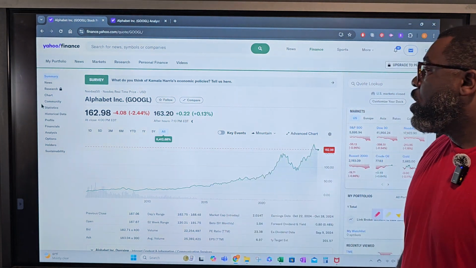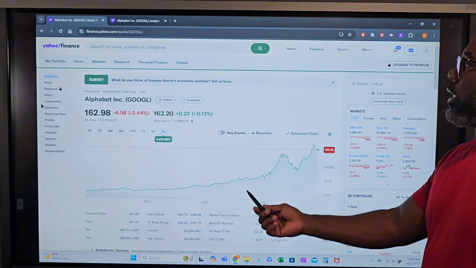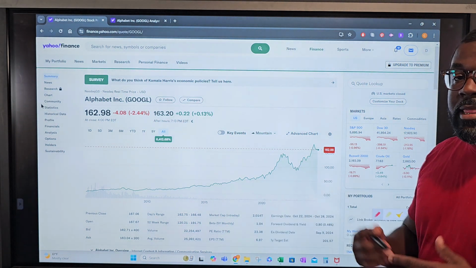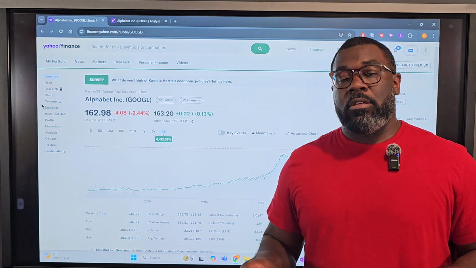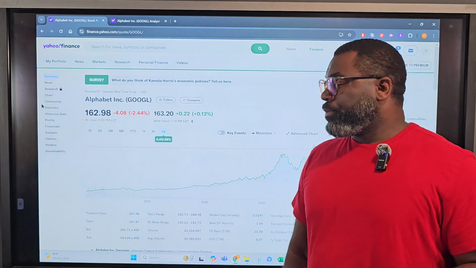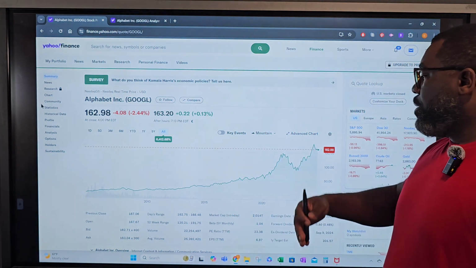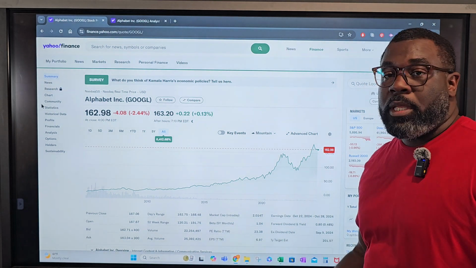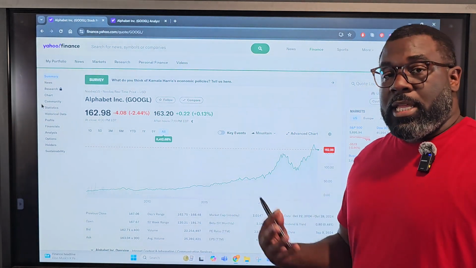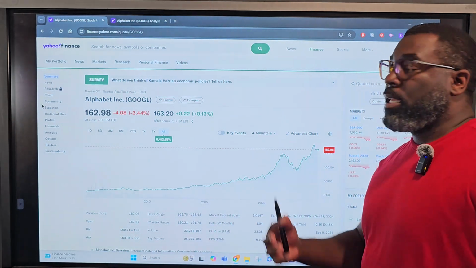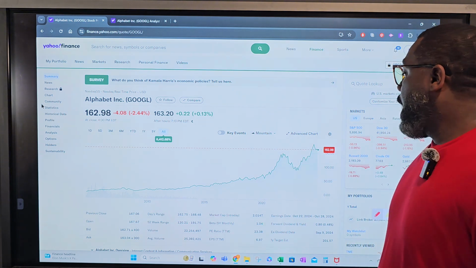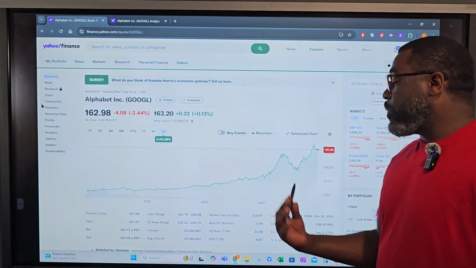Looking at Google's stock price, this is a company that I believe has been undervalued for a pretty long time. It was a popular company, but for many reasons, it didn't get a lot of attention over the past few years like some of the other businesses have. In my personal opinion, it's been undervalued.